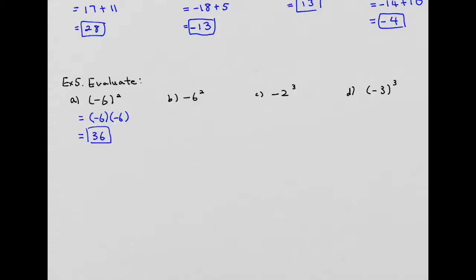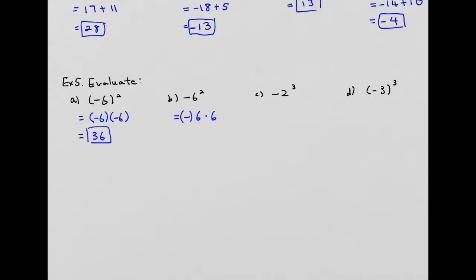But when you're looking at the next problem, this one is not positive 36 because this square only applies to the number, not the sign when you don't have a parenthesis. So this one means you're only squaring 6. So it'll be 6 times 6, right?